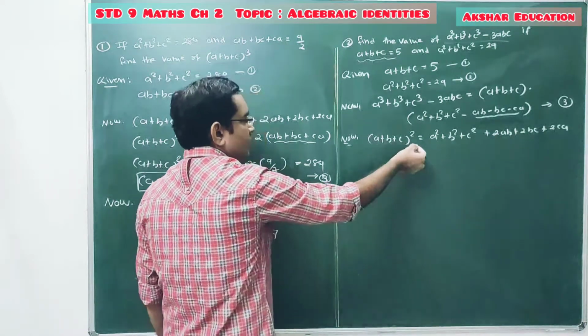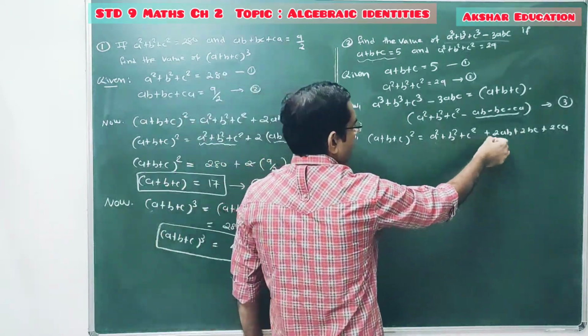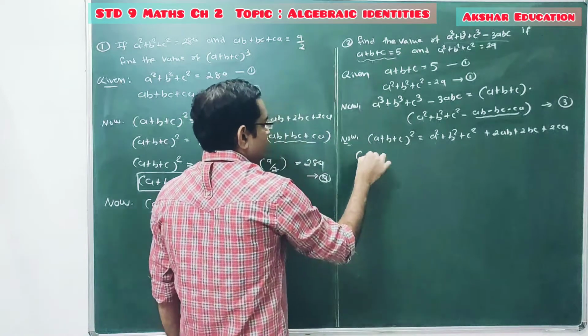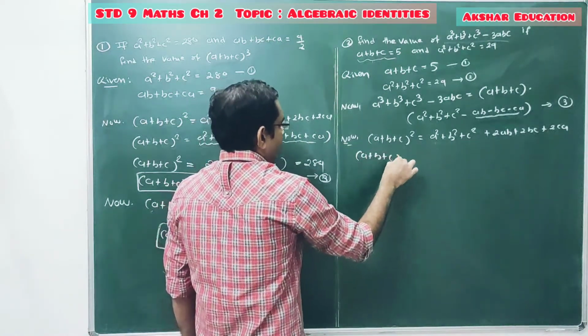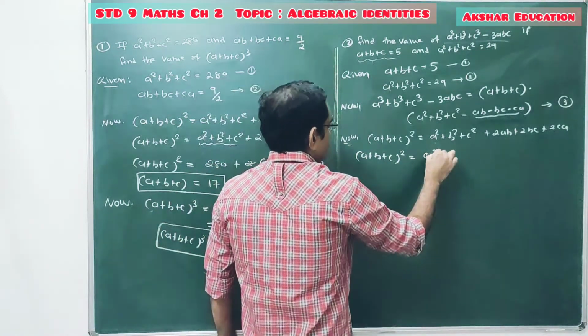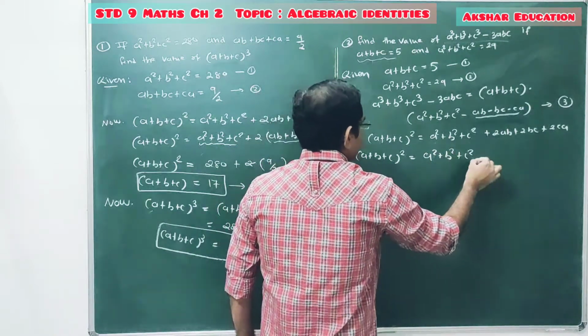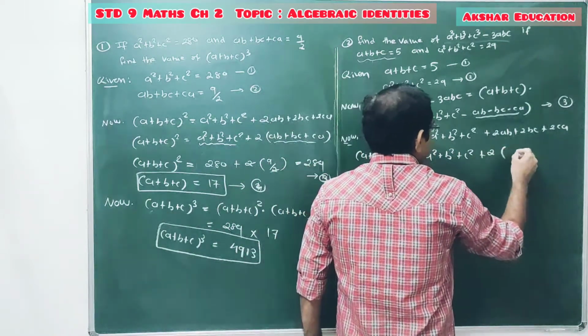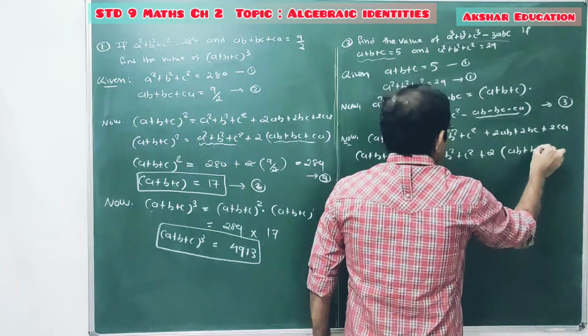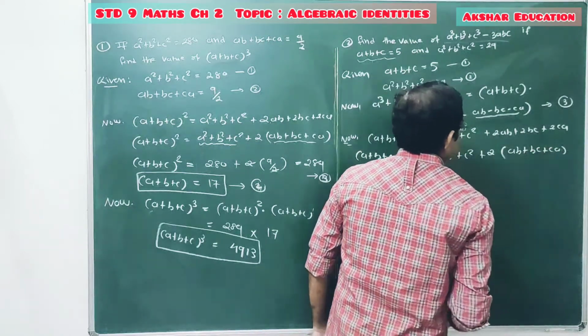So a plus b plus c whole square equal to a square plus b square plus c square. Take 2 as common. So it's a plus b plus c whole square equal to a square plus b square plus c square plus 2 times ab plus bc plus ca.